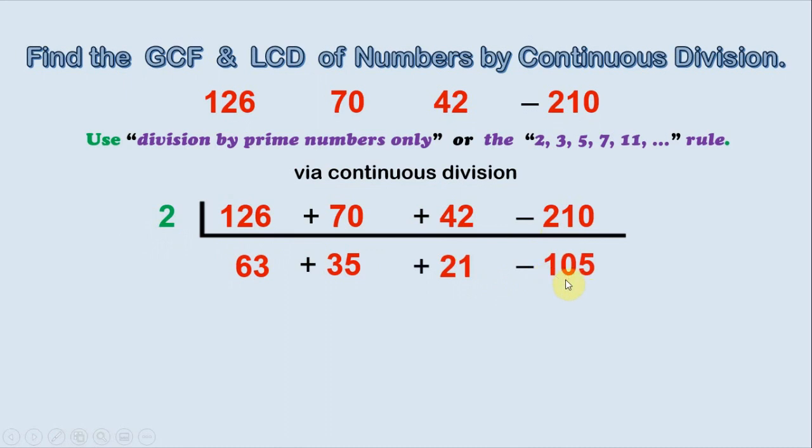Next, we go one level down. Find a possible divisor for the numbers in this level. Prime number 2 can no longer be used again as a divisor since it cannot divide numbers 63, 35, 21, and negative 105, which are all odd numbers.